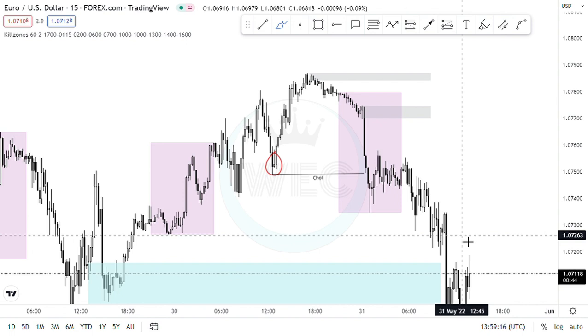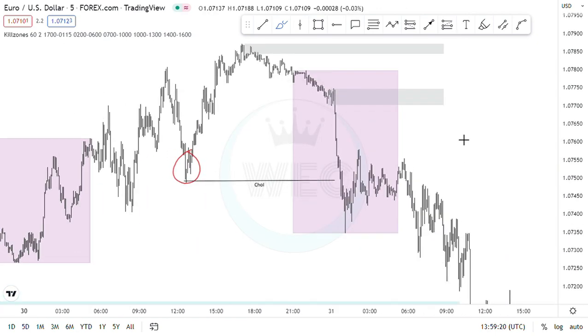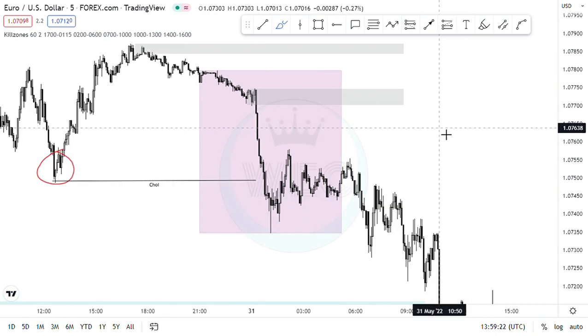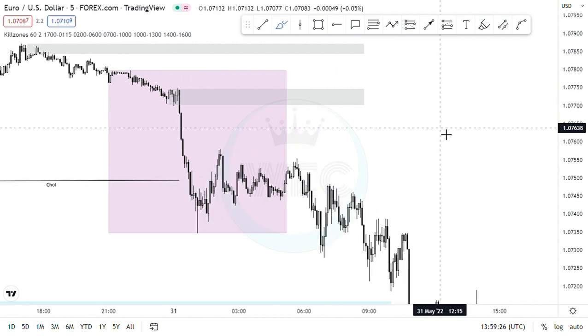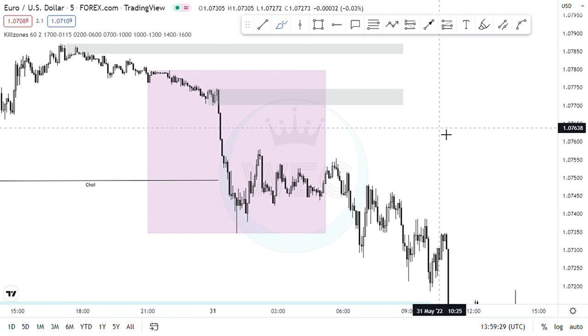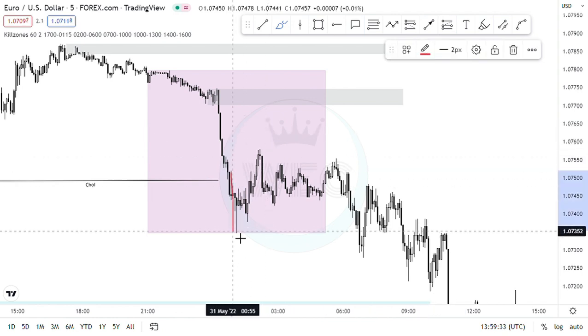So on the 5-minute time frame, you're going to see something interesting. Personally, I got faked out, and I'm going to show you where that trap comes in. We had a 5-minute push to the downside, and we had this break of structure.